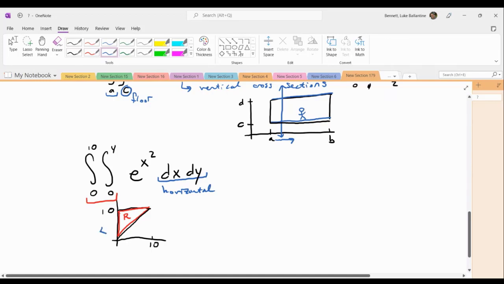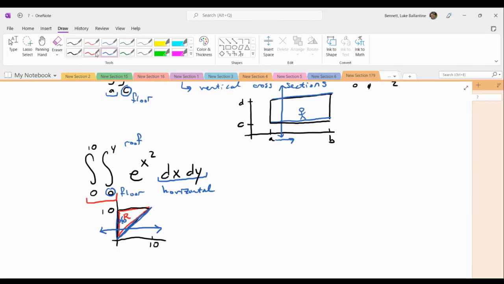So I draw horizontal, and then we can draw our stick figure, and we can see his floor is x equals 0. That's right here. And we can see his roof is x equals y. It's just a line. So this is roof, floor, and then of course y is just 2 numbers going from 0 to 10.